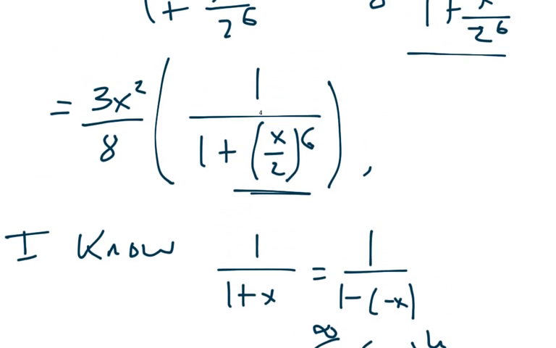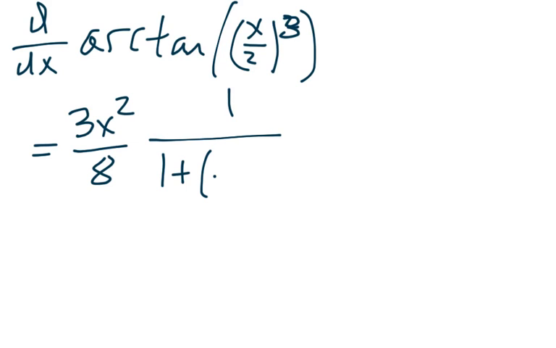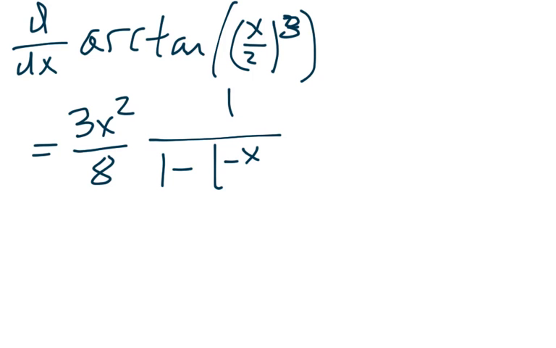I had 3x squared over 8, times 1 over 1 minus negative x to the 6th over 2 to the 6th.